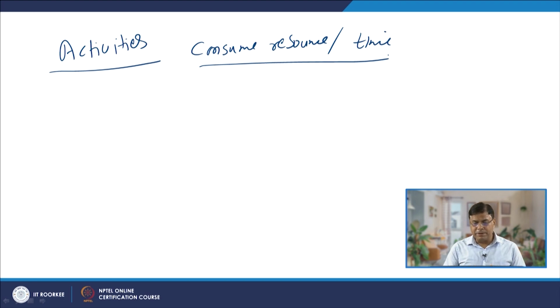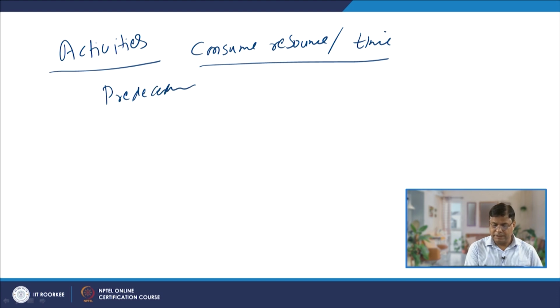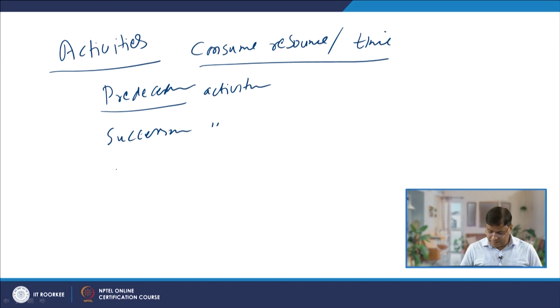Now, depending upon the sequence in which these activities are done, we can say these are the predecessor activity, the successor activity, then there is a concurrent activity, and the dummy activity.